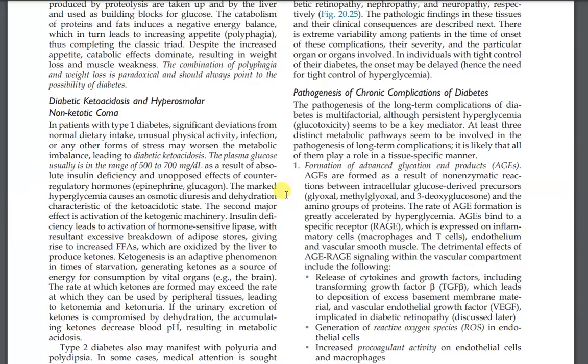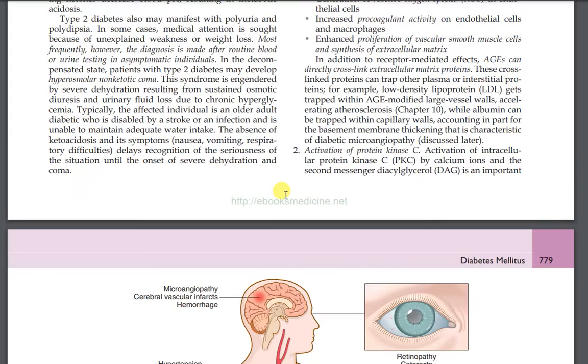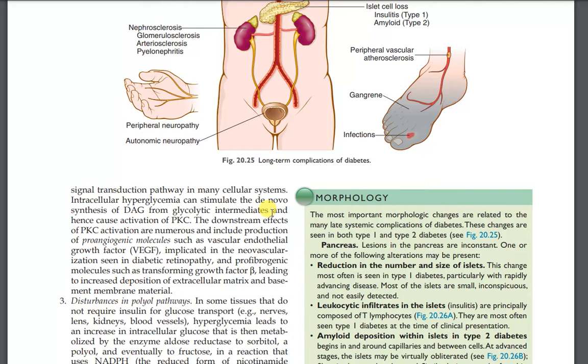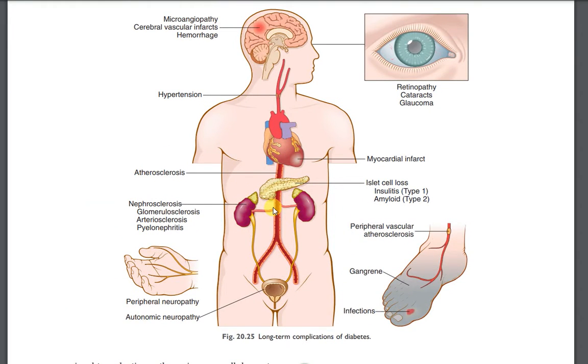So chronic complications, I mainly explained them, and in more detail you'll discuss them in internal disease class. One of the things I forgot to mention here is microangiopathy, especially in the cerebral region.